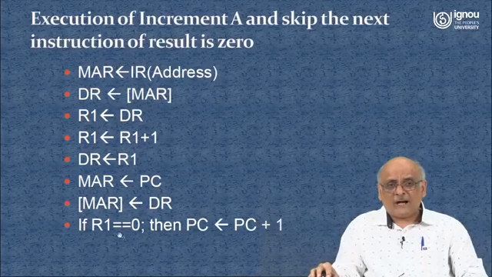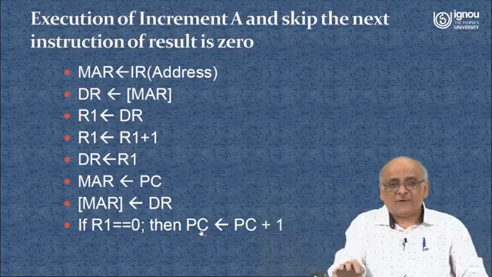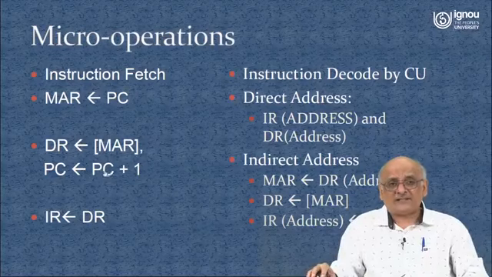Now if R1 equals 0, what do we have to do? Then PC is incremented by 1. What is increment A and skip the next instruction? The result of incrementation was in R1, and we skip the next instruction. In the fetch itself we have incremented the PC, and it was pointing to the next instruction.